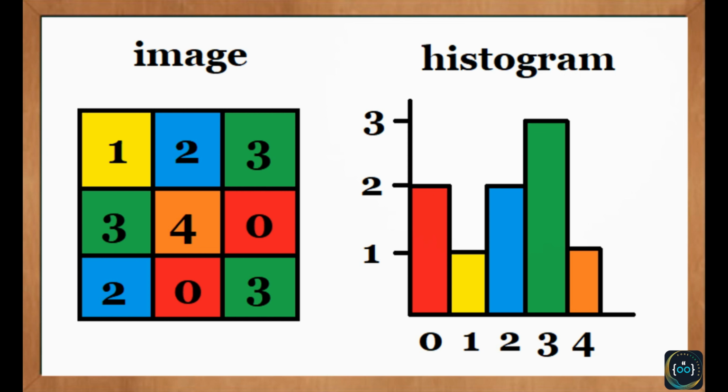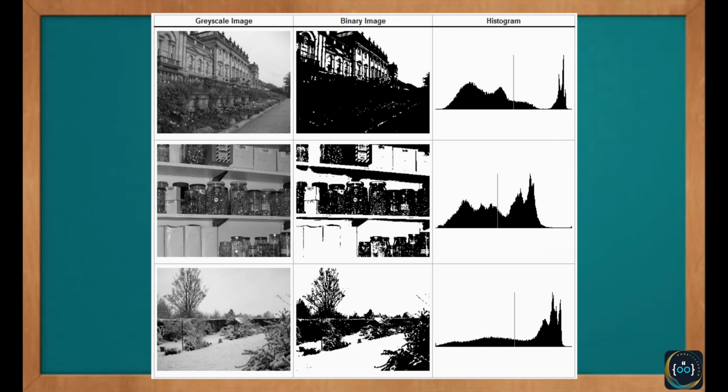Now, this picture here clearly differentiates between a grayscale image and a binarized image. As you can see, the first column are all grayscale images, the second column are binarized images, and the last one is the image histogram. You have now seen that a grayscale image has different shades of white and black, but in a binarized image, there are just only 2 colors, white and black.